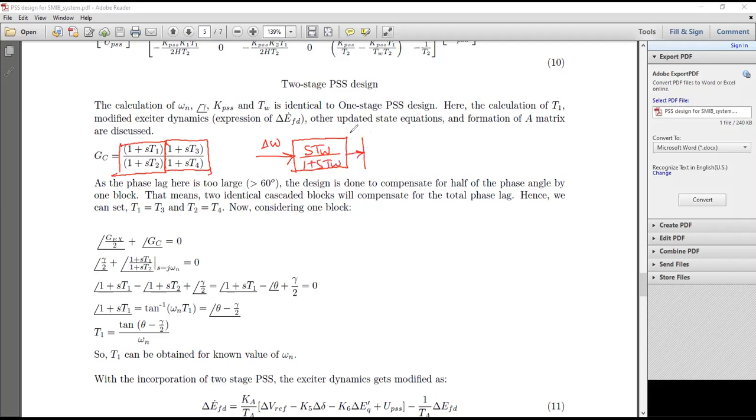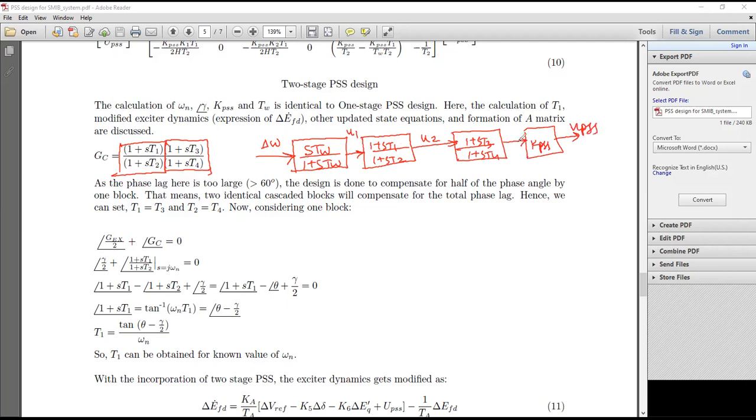And then this we consider as U1. Then you have the first lead block 1 plus ST1 divided by 1 plus ST2. Maybe you can take it as U2, and then 1 plus ST3 over 1 plus ST4. Then you have the gain block KPSS, and ultimately you will have the UPSS.